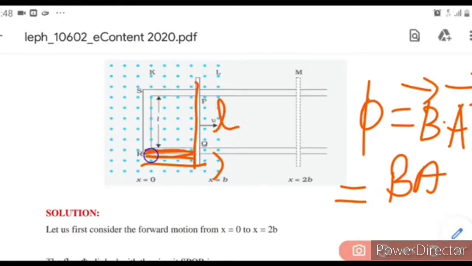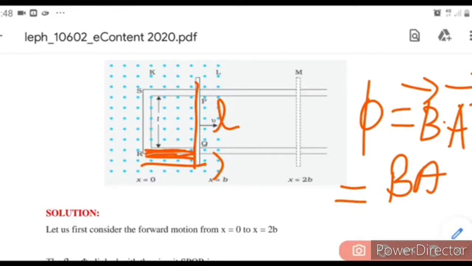You know it is rectangular in shape. Since this distance is changing, the area exposed to the magnetic field is changing, and that area becomes L into x.